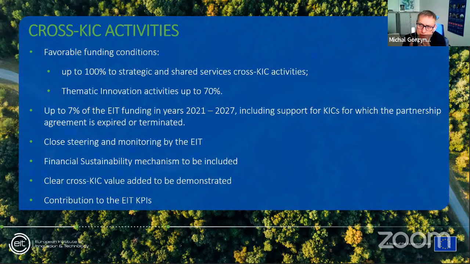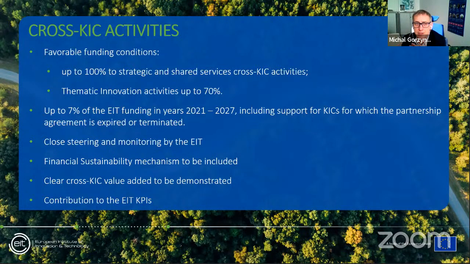This is about shared services and strategic activities. The thematic innovation activities are financed up to 70%, to be very much in line with the innovation principles that I mentioned previously when I described how we implement our innovation activities.